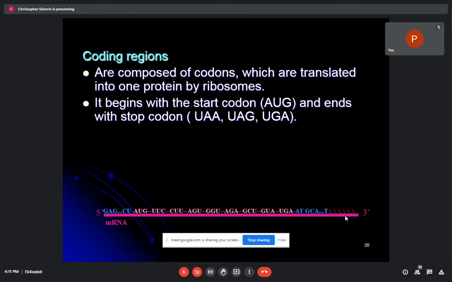And again, there are also stop codons, which are responsible for ending the translation process. And what are these stop codons? They are UAA, UAG, UGA. In the case of this messenger RNA strand, you could see the stop codon, which is UGA.